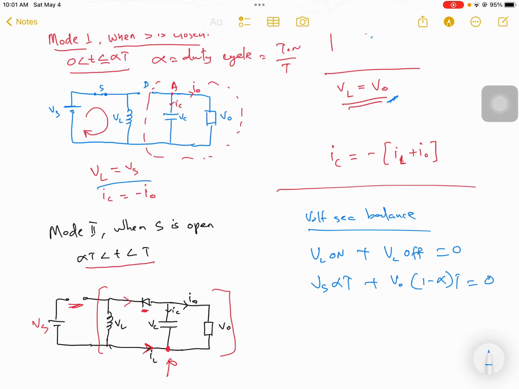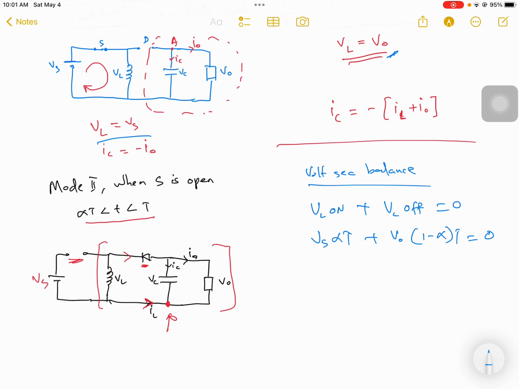If you simplify this, you'll get VO equal to negative of alpha by 1 minus alpha times Vs. This negative sign indicates how you have taken the sign conventions. I have taken it simply from plus to minus here, and that's why I got negative alpha over 1 minus alpha.